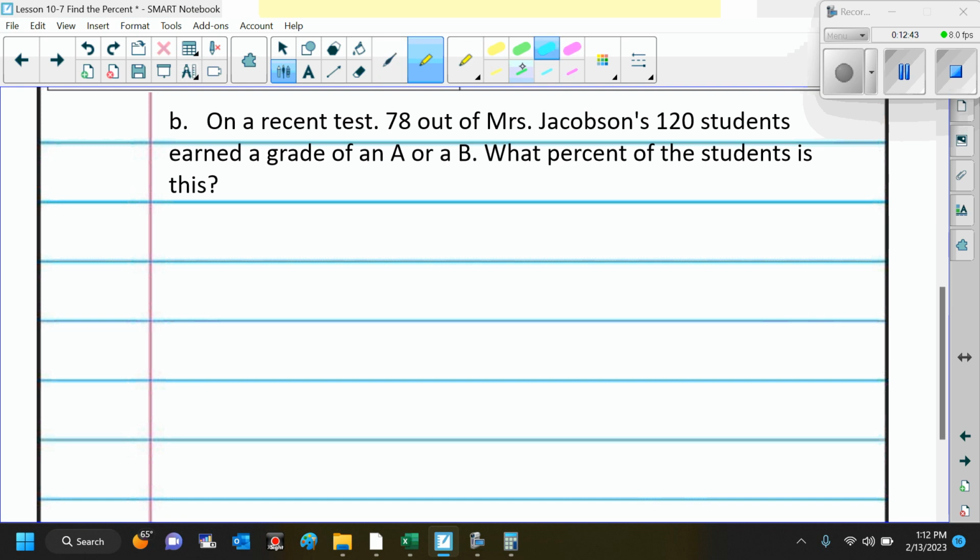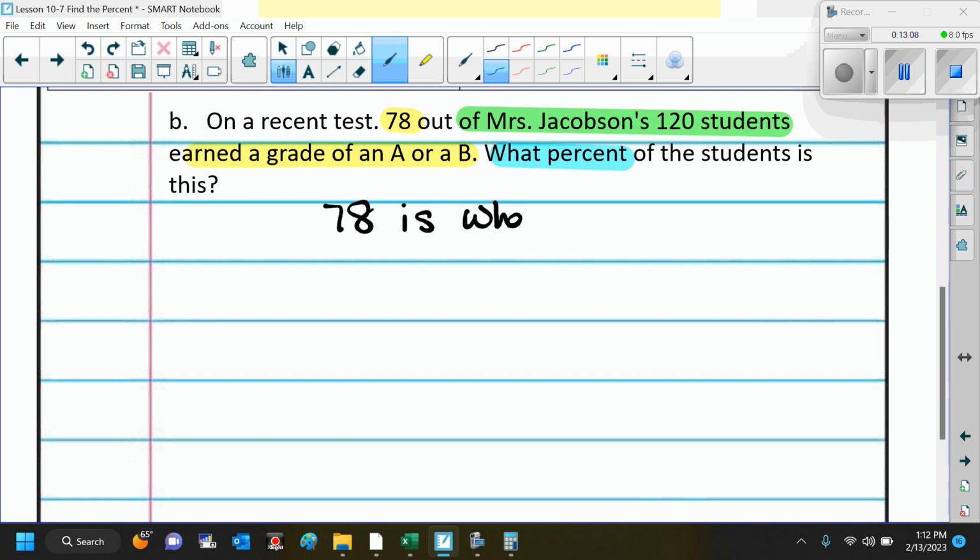So we've got 78 students who earned an A or a B. That is out of all of Mrs. Jacobson's students, which is 120. And we want to know what percent that is. So if I were going to write a what number question, I could say 78 is what percent of 120.